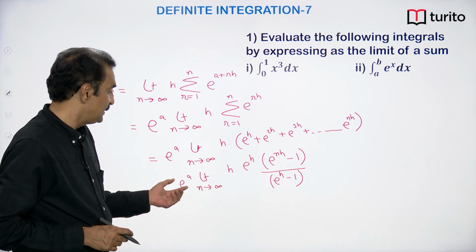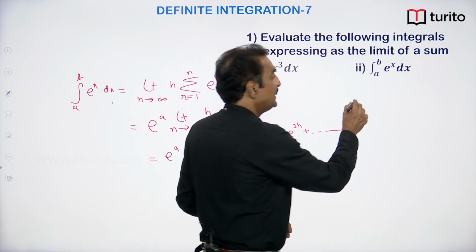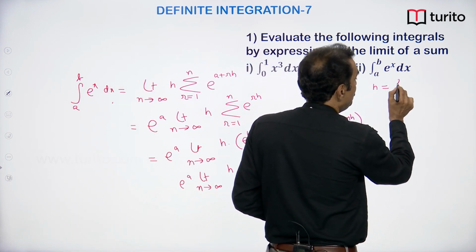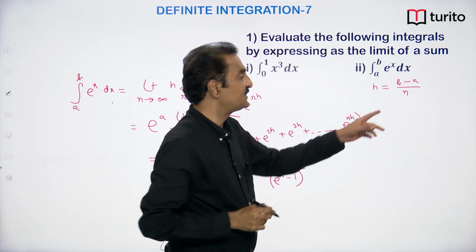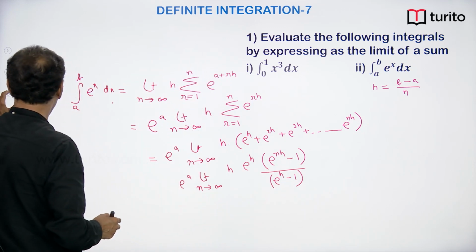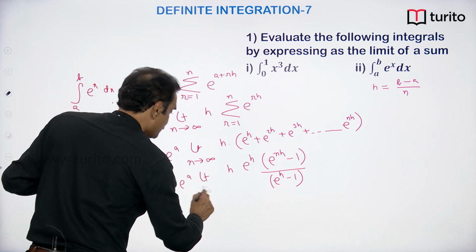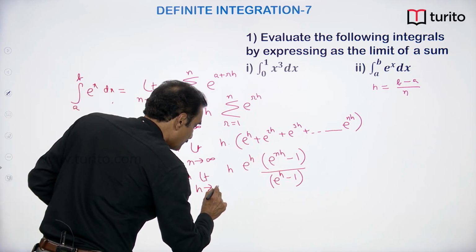Now, if n tends to infinity, h tends to 0 because h is nothing but b minus a by n. a and b are constants. If n tends to infinity, h tends to 0. So, I will write here h tends to 0.